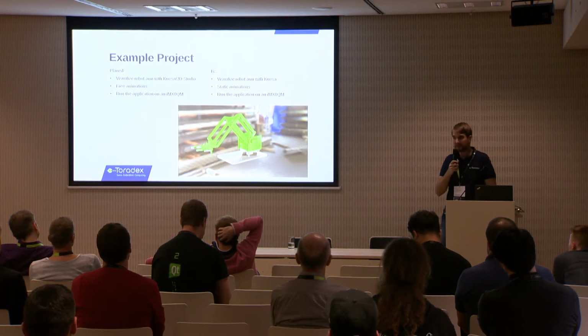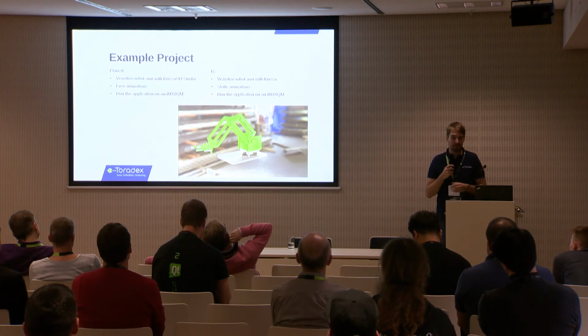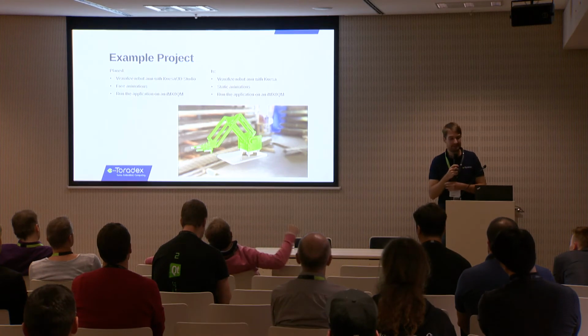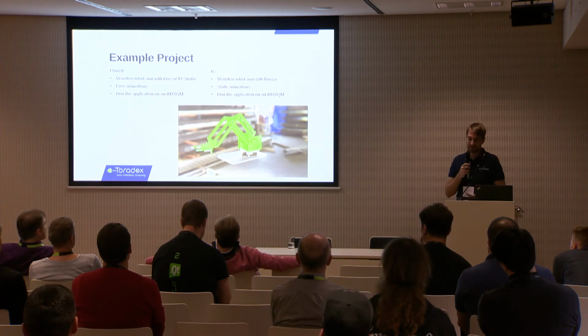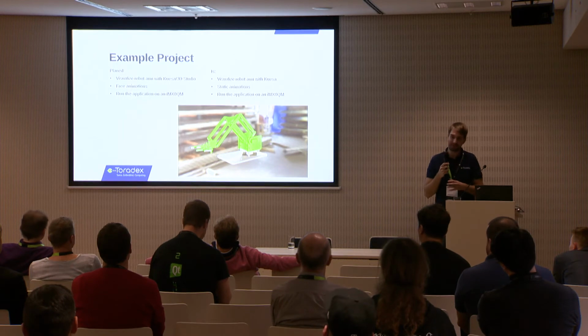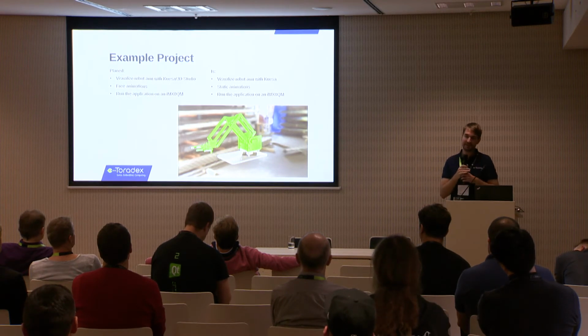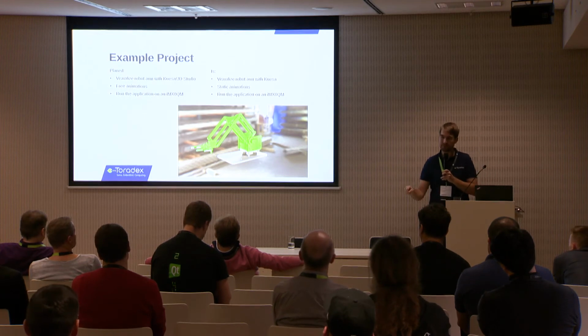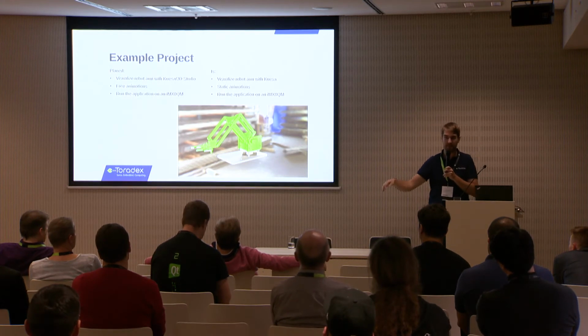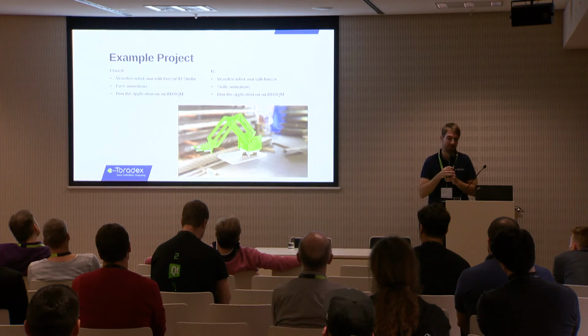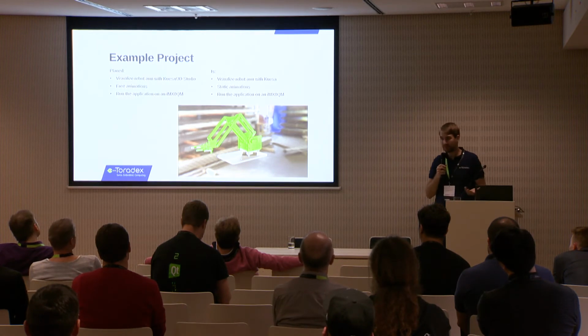So the example project, which I created for this talk, basically, the idea was to have a robot arm, because robots are cool. And I wanted to animate them so that I can control the robot, and I would have a 3D animation of the same robot. And the whole thing should run on an IMX8 Quad Max.